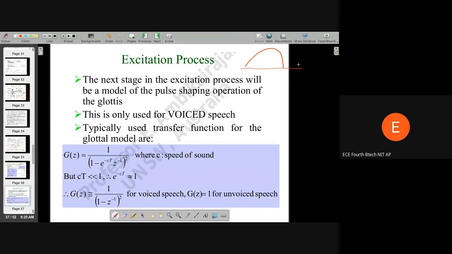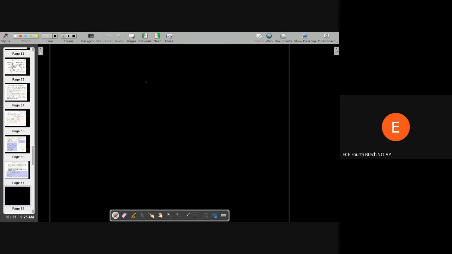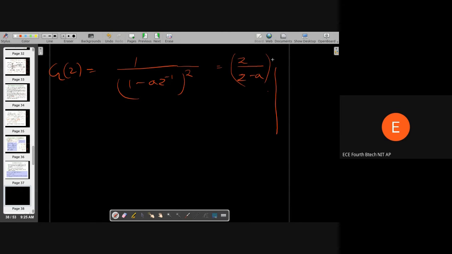So we found out that if we use G(z) equal to 1 by (1 minus a z inverse) whole square, that means there is a pole. So this is equal to z squared by (z minus a) whole square.